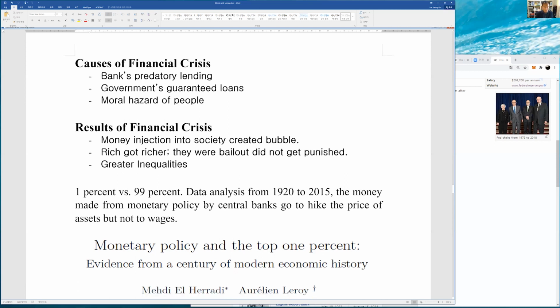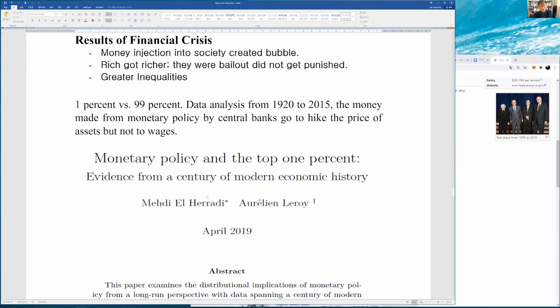banks. So here I'll give you scientific evidence for this claim of 1% versus 99%. Basically, this paper shows data analysis from 1920 to 2015. It says that the money made from monetary policy by central banks goes to hike the price of assets, but not to wages.